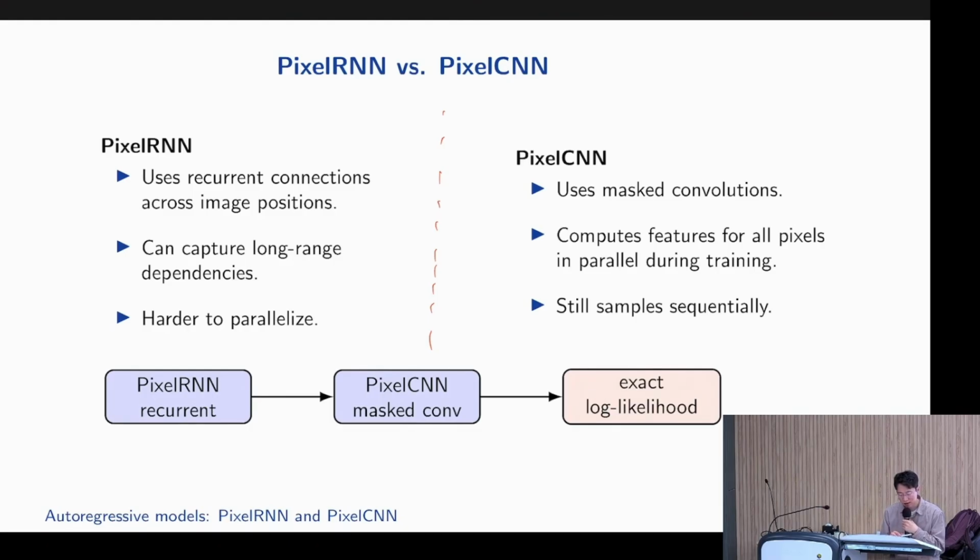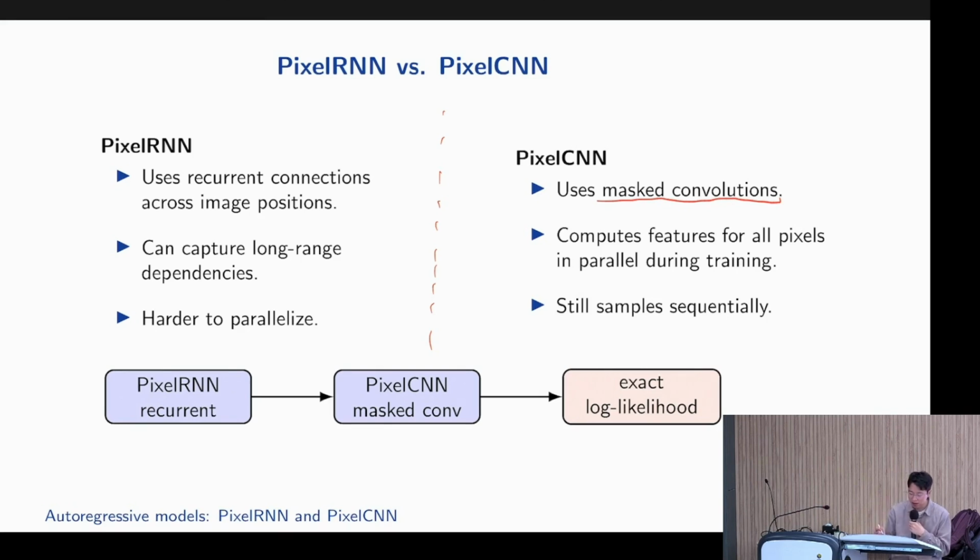And you could also use a CNN as the backbone model. And here you want to use masked convolution. We'll see a picture of what this is. But obviously, during training, you want to prevent the model from seeing the future, right? So you want to mask the convolution so you only see your predecessor random variables.